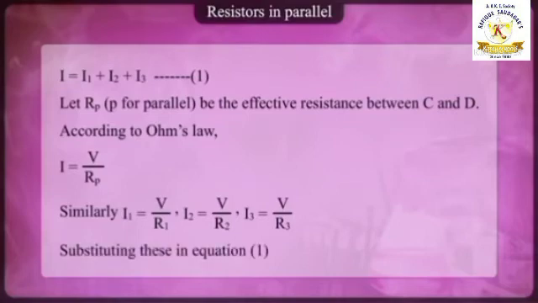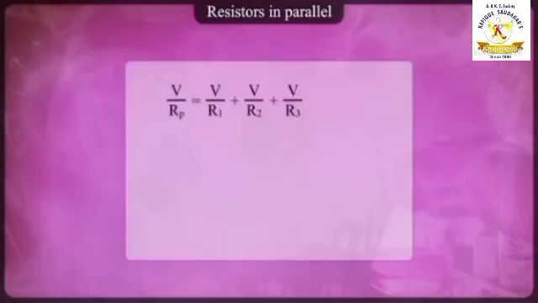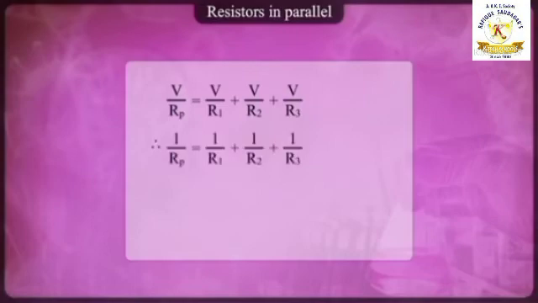Substituting these in equation 1, we get V upon Rp is equal to V upon R1 plus V upon R2 plus V upon R3. Therefore, 1 upon Rp is equal to 1 upon R1 plus 1 upon R2 plus 1 upon R3.